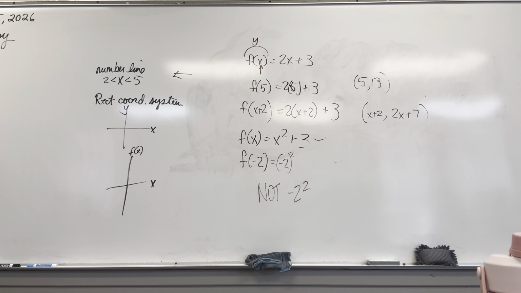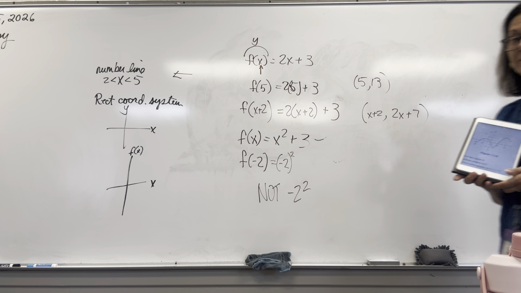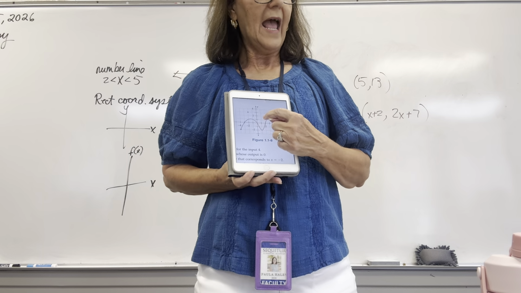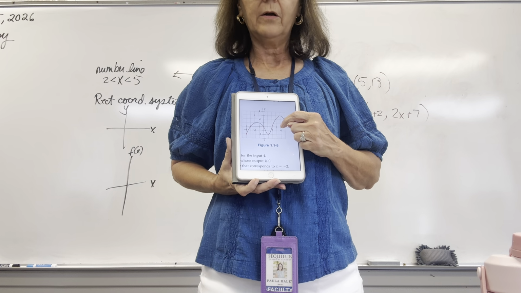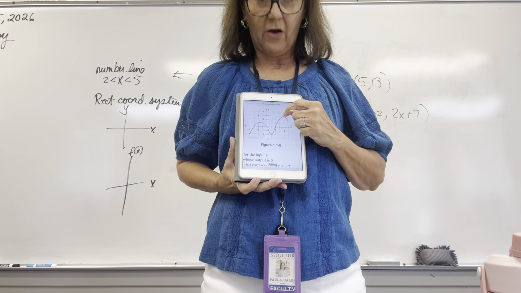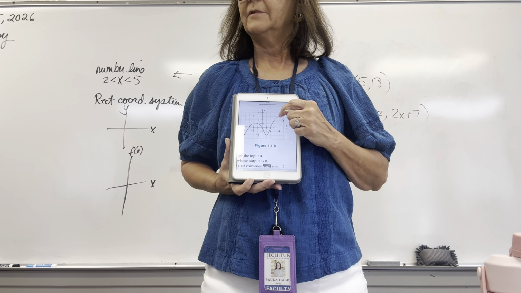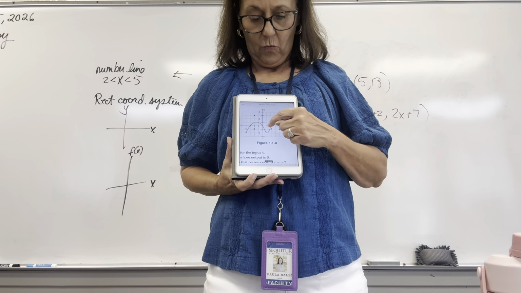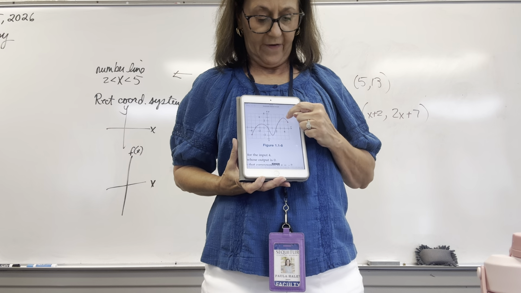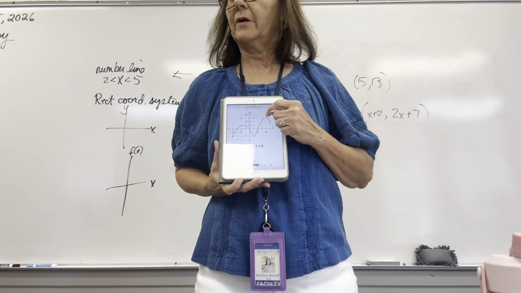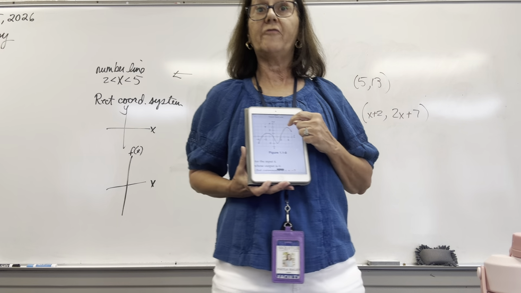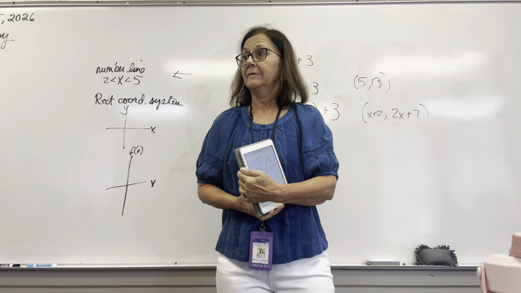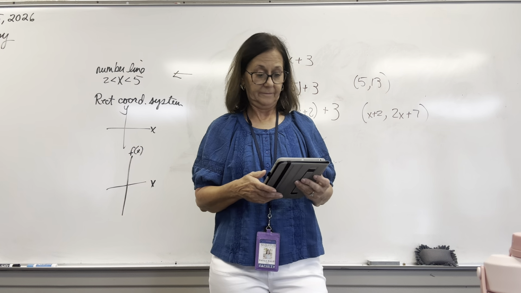When x is 4, what's the value of y? It's 3. Okay, so look what I just did with Locke. When x is 4, what's the value of y? You see what I did? And it's 3. So that's the coordinate pair, 4, 3. Make sense?